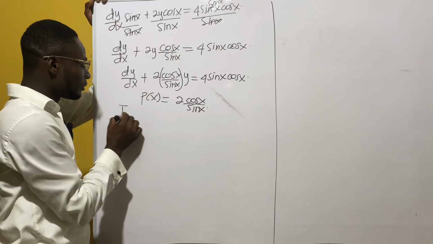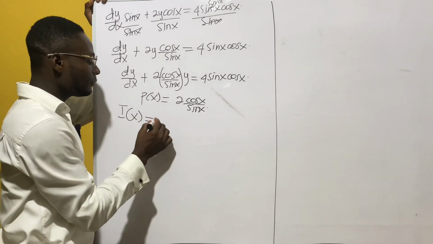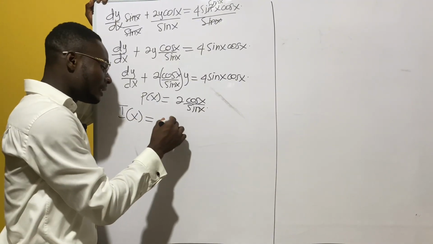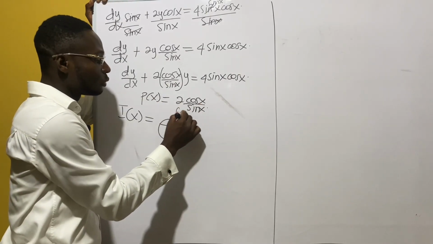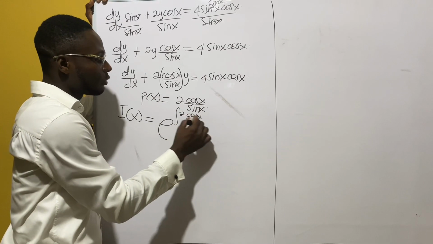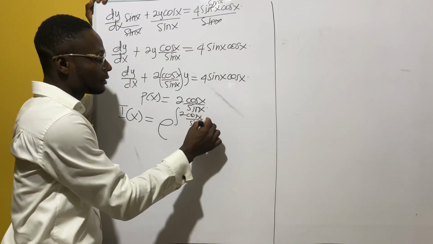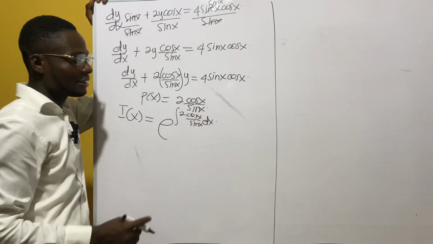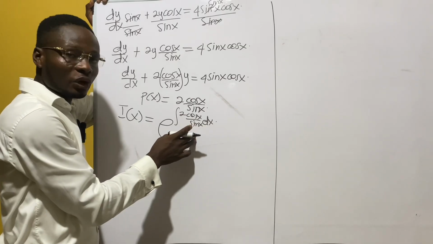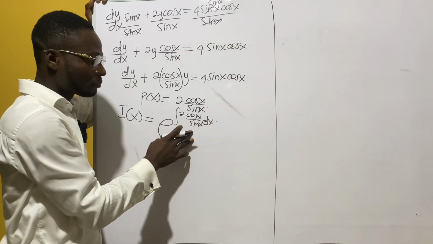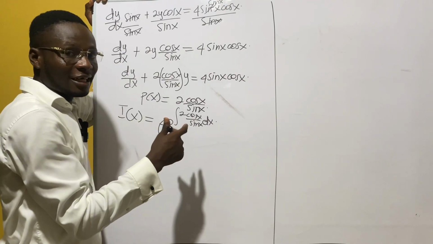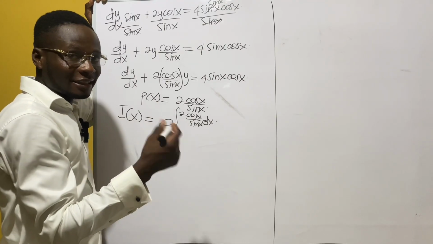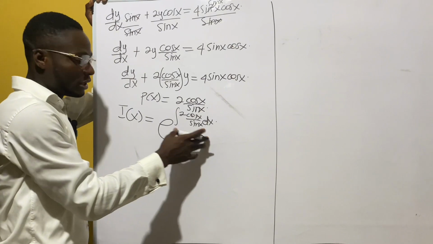Our integrating factor is equal to e power the integral of p of x, which is 2 cos x over sine x dx. If you don't know the integral of cos x over sine x, which is ln sine x, you can go this way.